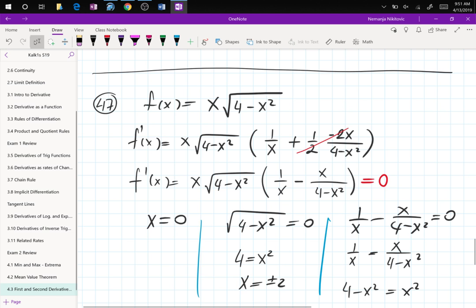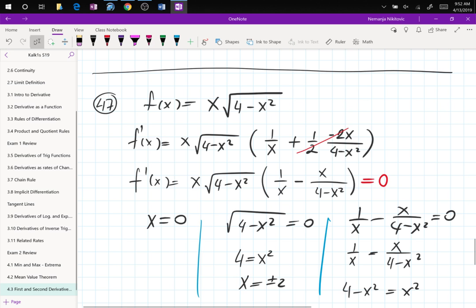What's happening under the root? Are you getting 4 minus 9, and 4 minus 9 is negative 5? And what's the square root of negative 5? Not real. So we have domain issues here. Domain is from negative 2 to positive 2.